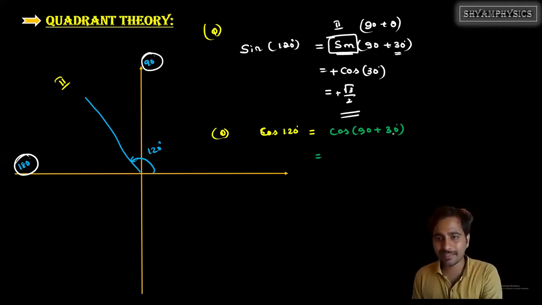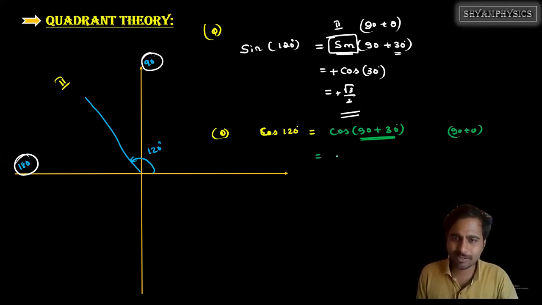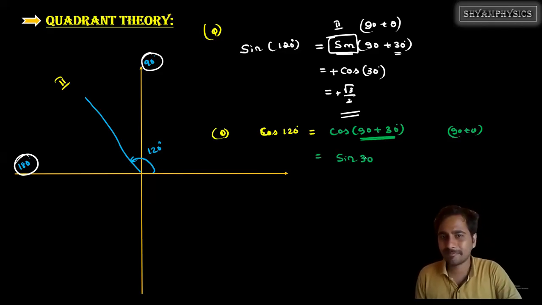Cos 90 plus theta. Whenever the 90 plus theta format comes, what should we change? Change the trigonometric function: cos to sine, that is 30. For cos 120, that is cos 90 plus 30, we change it to sine 30 degrees. Good.